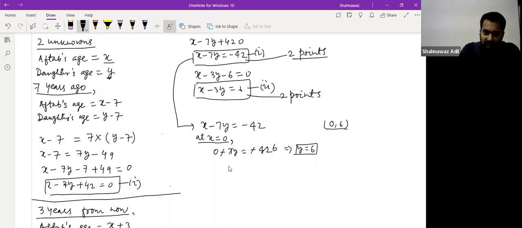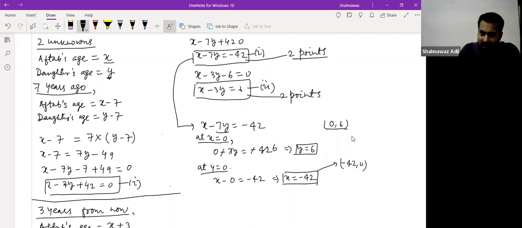And let's calculate at y equals 0. At y equals 0, this part is 0. So x minus 0 is equals to minus 42, right? So x is equals to what? Minus 42, right? So what will be the point? Minus 42, 0.